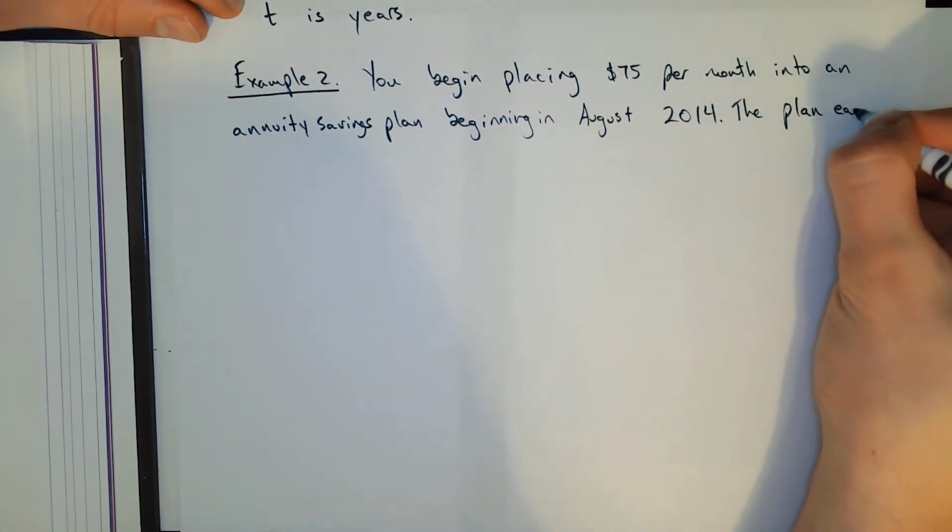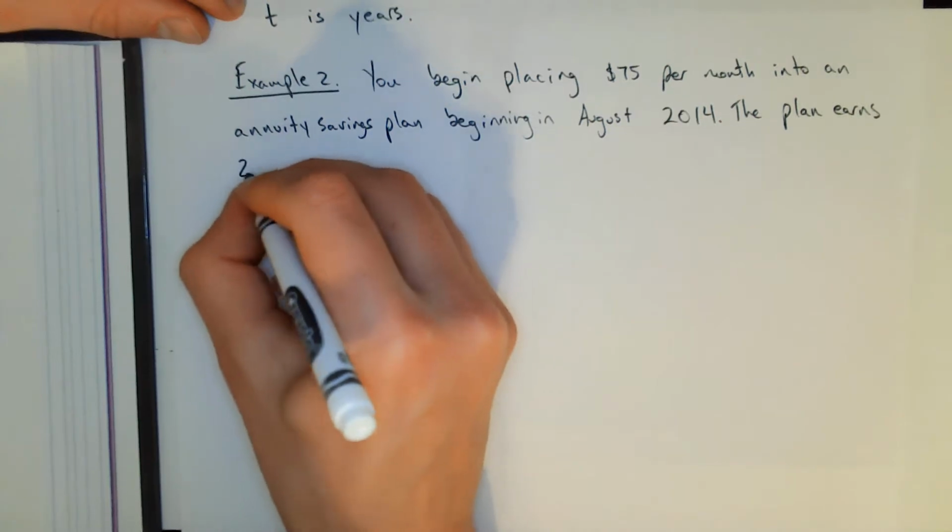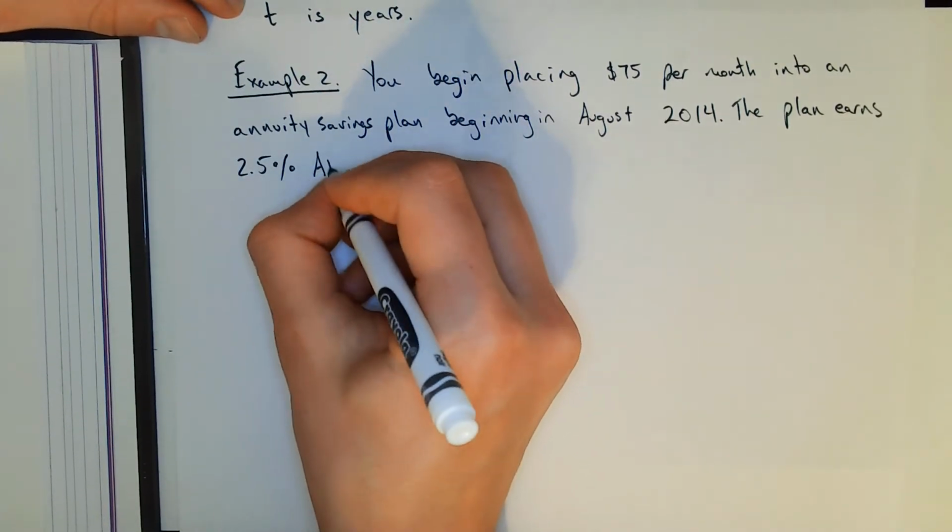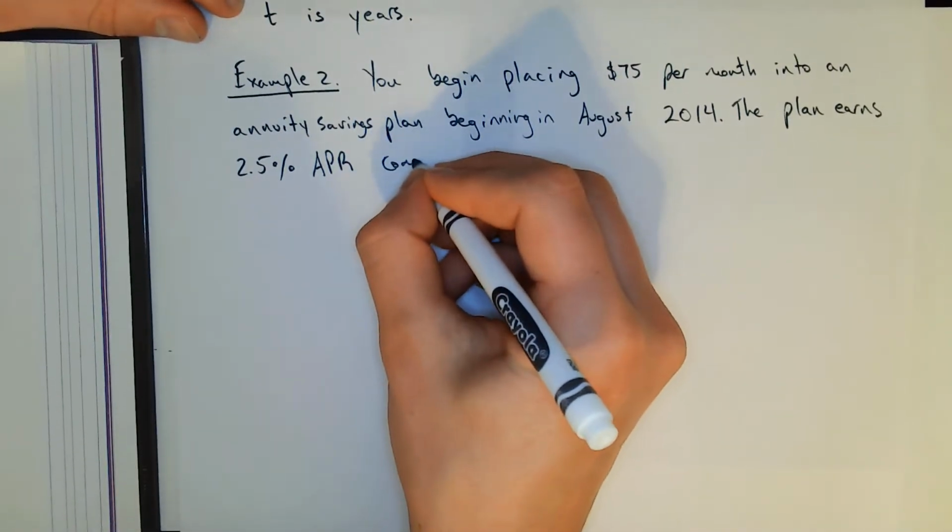The savings plan earns 2.5% APR compounded monthly.